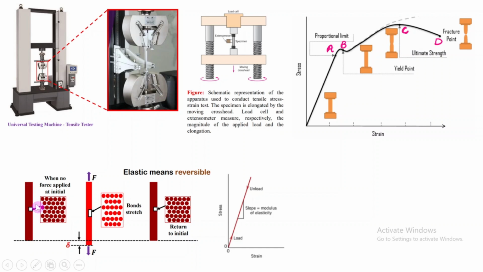So this is the sample. If there is no external force, this is the arrangement of the atoms. If we apply an external force on this material, it will be elongated, its width decreases and its length increases.